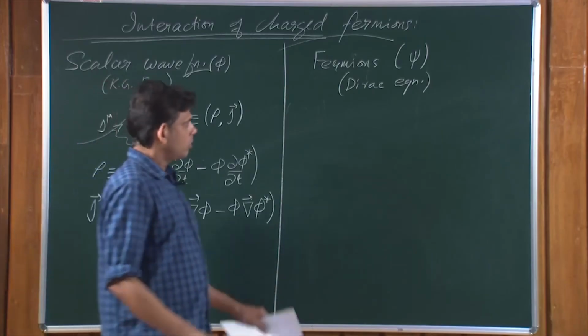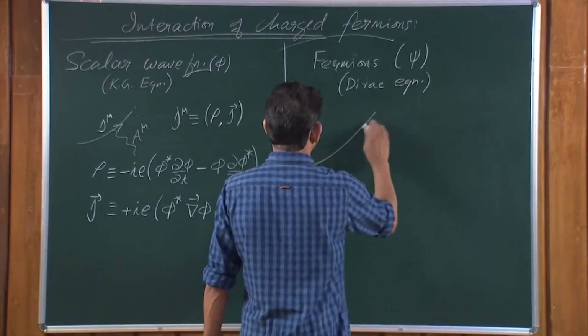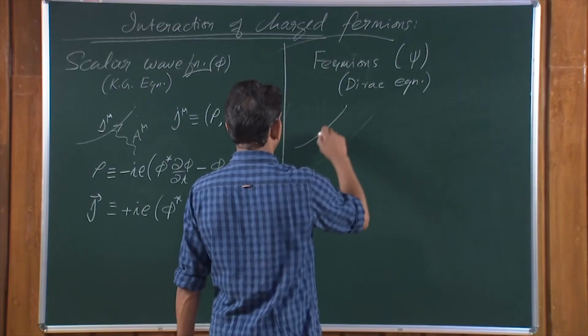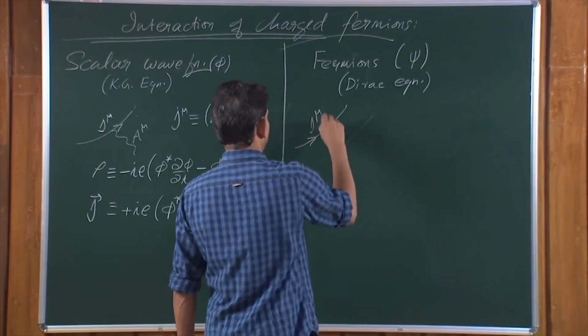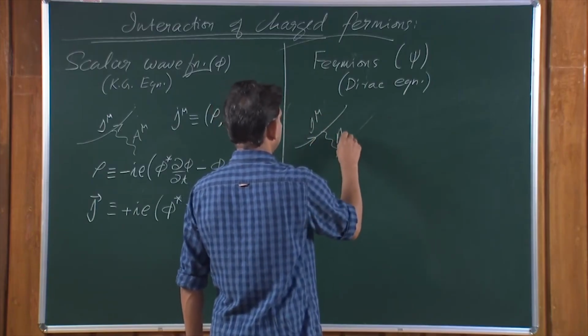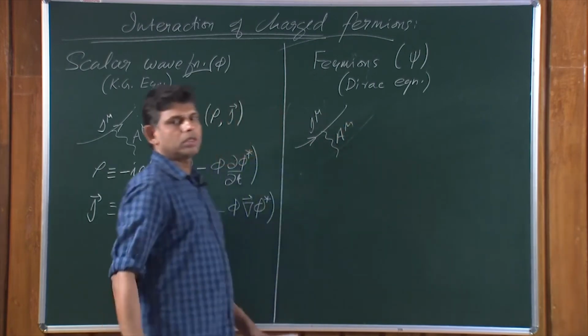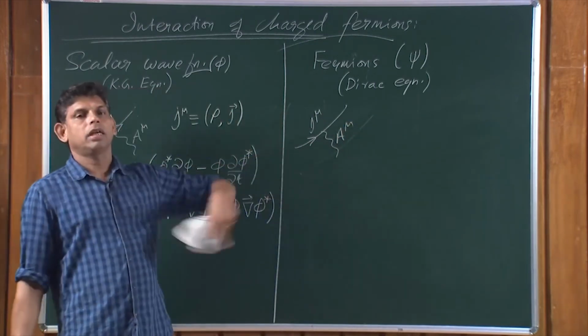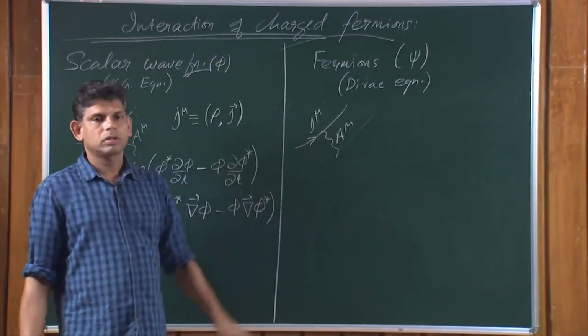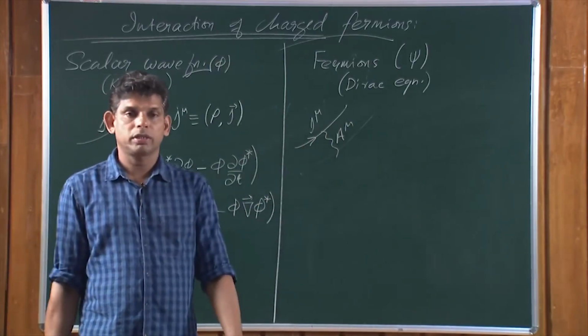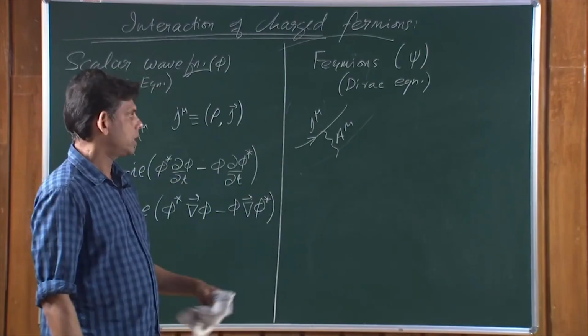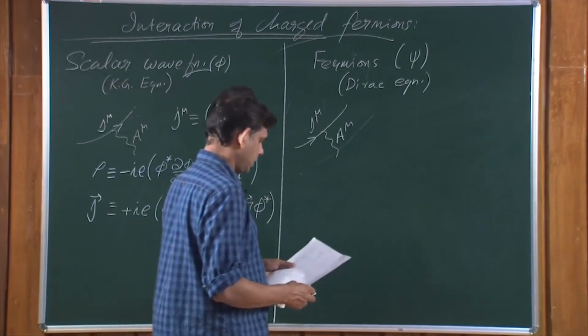Again, the picture is the same. We have a current and the current is interacting with A. So, this is like an electron, and on the way it encounters electromagnetic field, and then how does it interact, and that is the way we represent it.